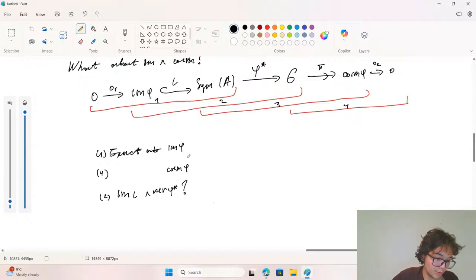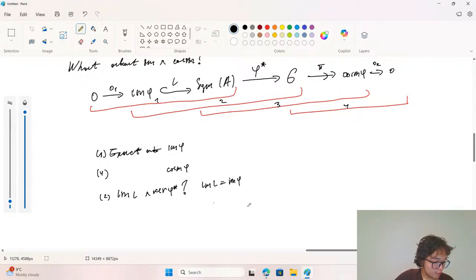What is the relation between them? That's an interesting question, I find, because I is injective. So image of I, you can say it's just equal to the image of phi.